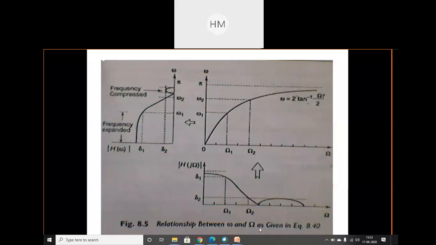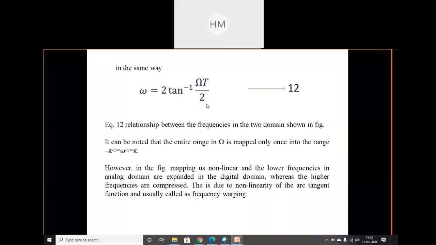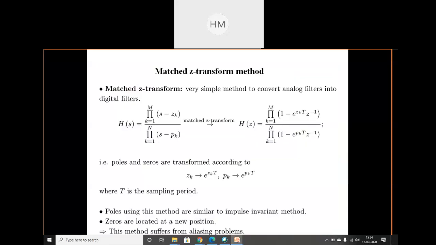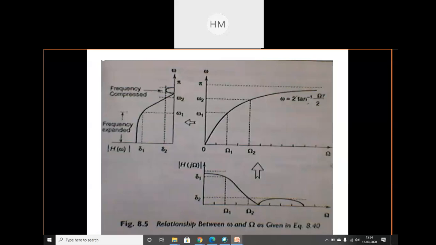The relationship between omega and ohm is as given in the equation, and with respect to this equation the graph is plotted. The low pass frequency graph is shown over here, and cutoff frequencies are marked here. You can draw this in your copy.